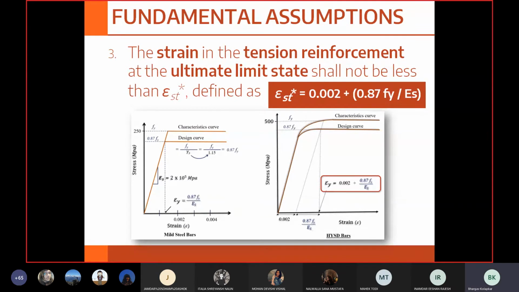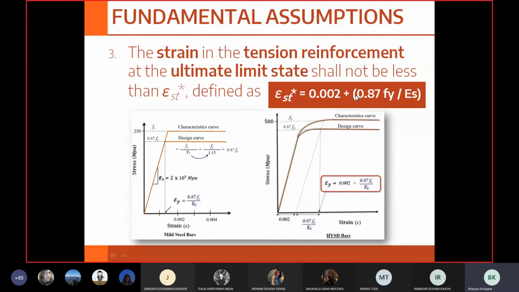What this implies is that we put steel in such a way that at failure, the minimum strain will be 0.002 plus 0.87 fy by Es. Now, mild steel yields at 0.87 fy by Es, so definitely it is going to be still yielded at 0.002 plus 0.87 fy by Es. So the objective is achieved. The objective is that at failure, steel should have yielded.